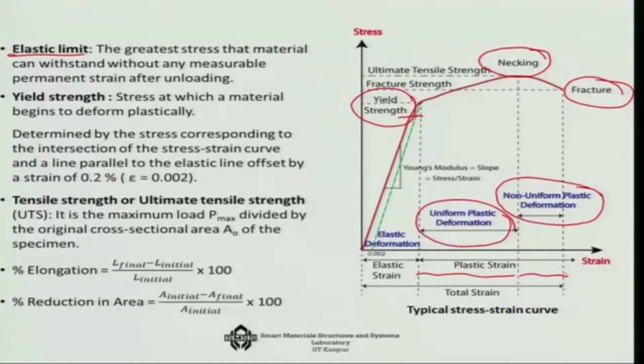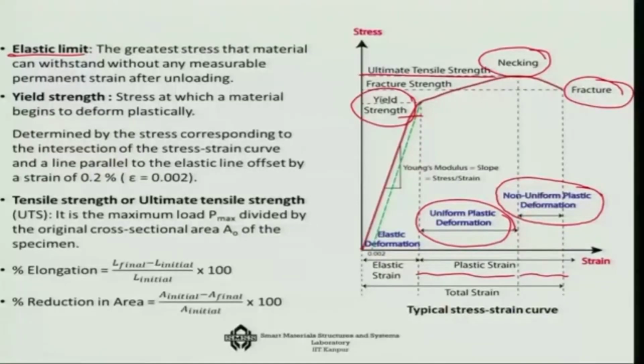What is important for us is that up to the necking, we get the ultimate tensile strength. That is the maximum load divided by the original cross sectional area of the system. Beyond that, you would not expect strength from the material, because beyond that, it is going to take us towards fracture.